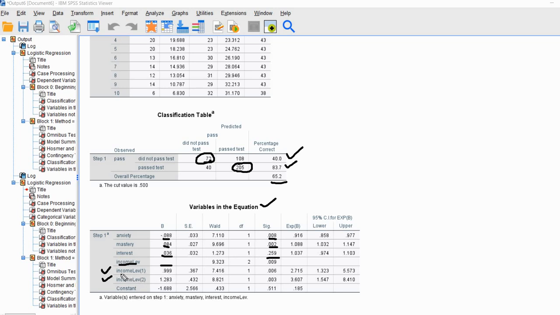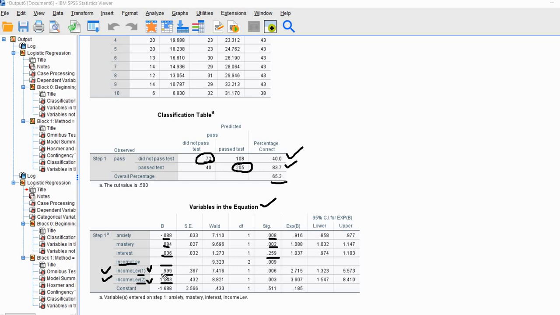So you'll see for this first one it says income lev, and it's got this 1 right here and income lev 2 right here. And so the slopes for each of these represent the difference between either the medium income level group and the low income level group, or the high income level group versus the low income level group in terms of the predicted probability of passing.